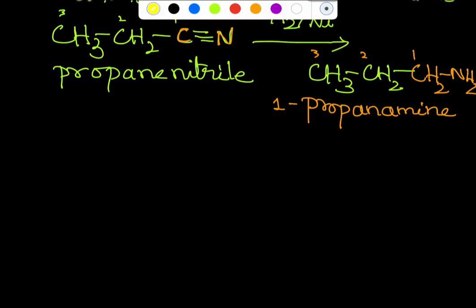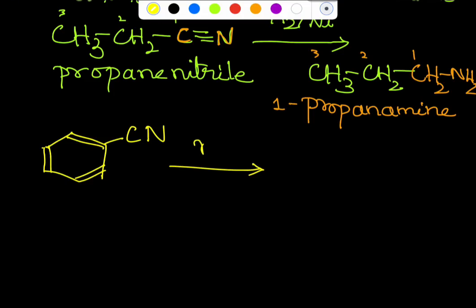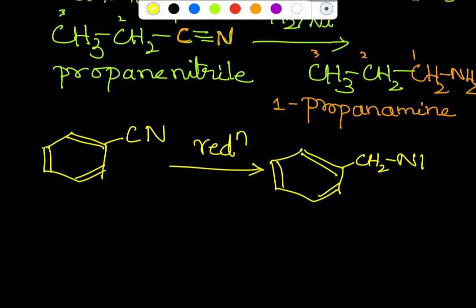Now take this compound, which is called benzene carbonitrile. Apply the same principle: upon reduction, C converts into CH2 and N converts into NH2.